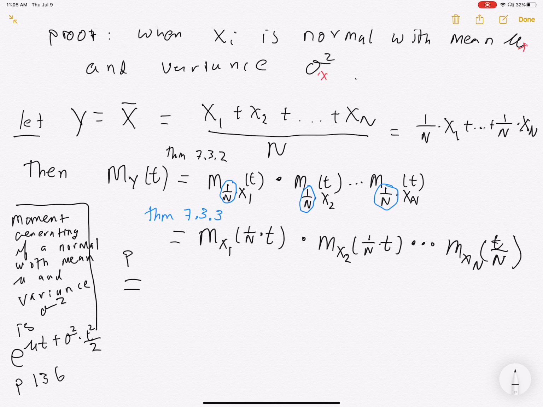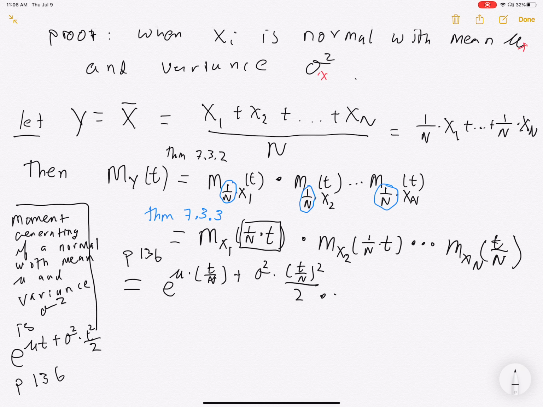So by page 136, I'm going to plug in the moment generating function for x1. But now remember, I have to compose it by this 1 over n times t. So it's going to be e to the mu times, instead of having t, I'm going to have t over n plus sigma squared times t over n squared over 2.